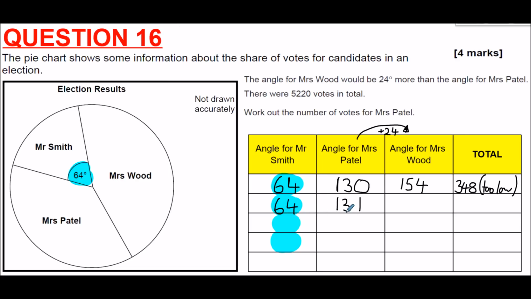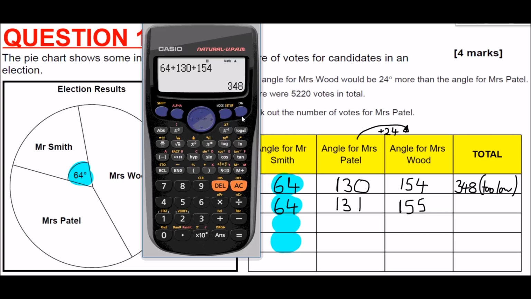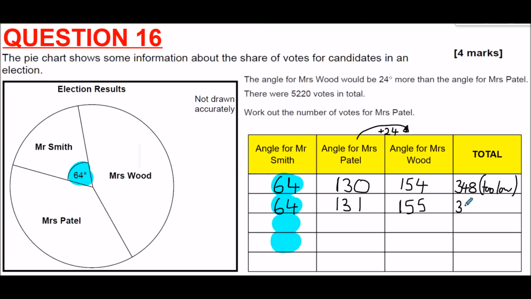So let's try 131. 24 bigger than that would be 155. So let's try this. 64 plus 131 plus 155, 350. That's still a bit too low. It's going higher, it's going in the right direction, but it's still too low.